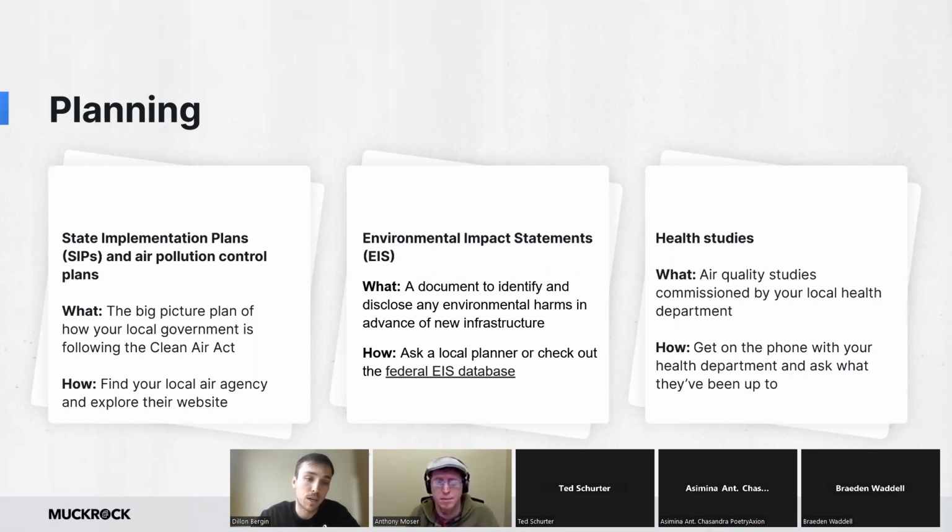So the first type of document in this planning bucket is the state implementation plan, or air pollution control plans. The National Environmental Policy Act, or NEPA, was codified in 1969 by the feds. And as a part of that, the Clean Air Act was also codified.